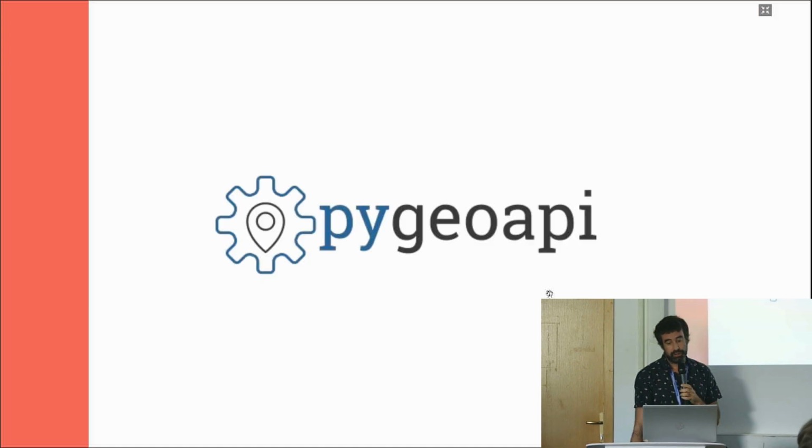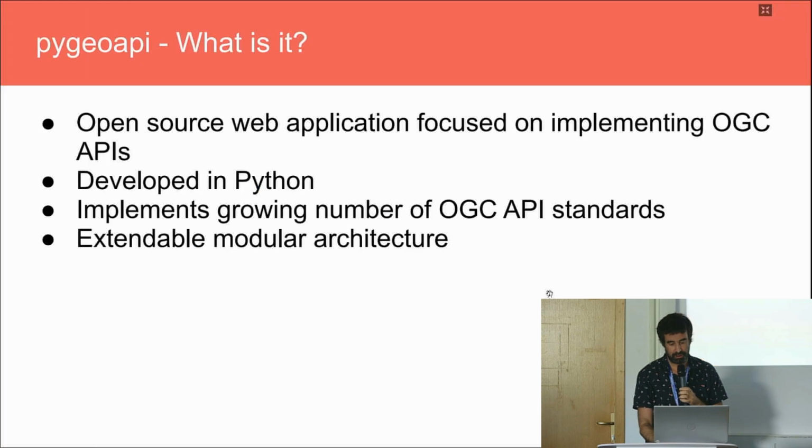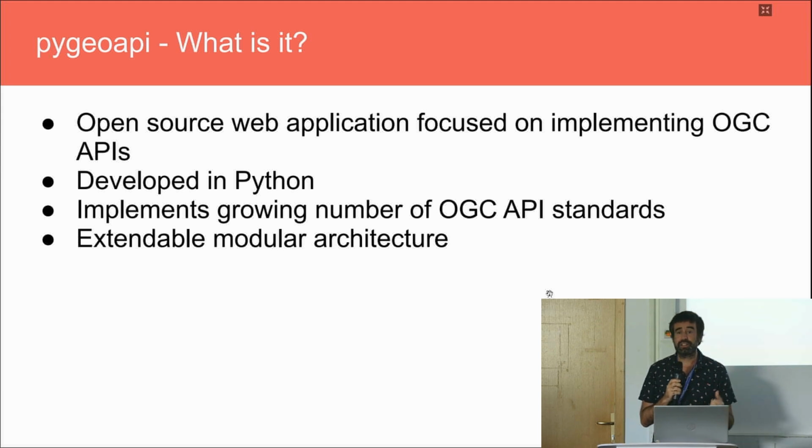Moving on. The work that we are presenting has been done in the context of pygeoapi. I just wanted to give a brief overview of OGC API Processes before we move on, so that we get a clear picture of things. Probably most of you are familiar with pygeoapi, but in a nutshell, it's a web application developed in Python that focuses on implementing OGC APIs.